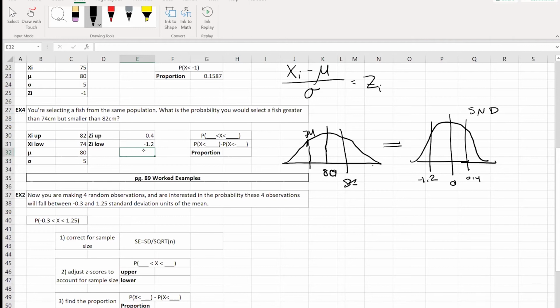And we're looking for the area between these two numbers, so we're looking for the probability that a value is greater than negative 1.2, but less than 0.4 in standard normal distribution language, which means that we need to find the probability of 0.4 and subtract from it the probability of negative 1.2.